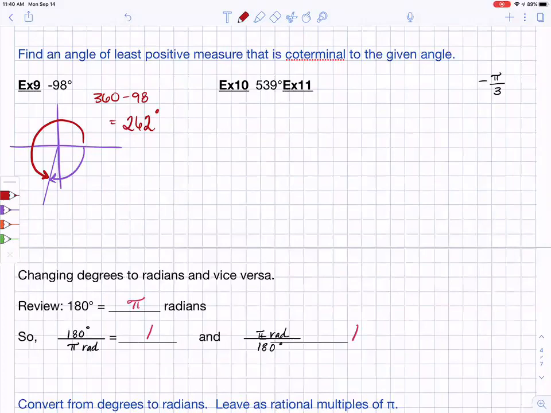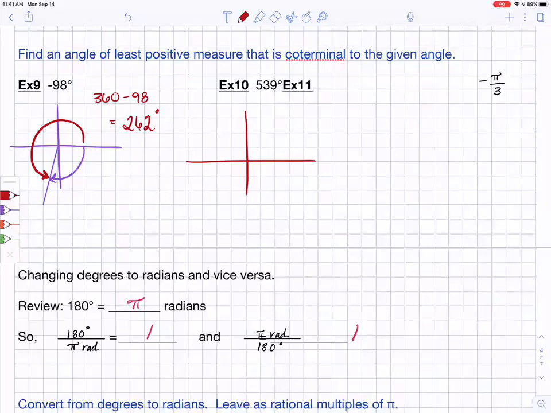All right. Example number 10 is 539 degrees. So the first thing, where is that? How do I find 539 degrees? Well, I know if I go all the way around one time, that's 360. So how much past 360 is 539? Say it again. 179?